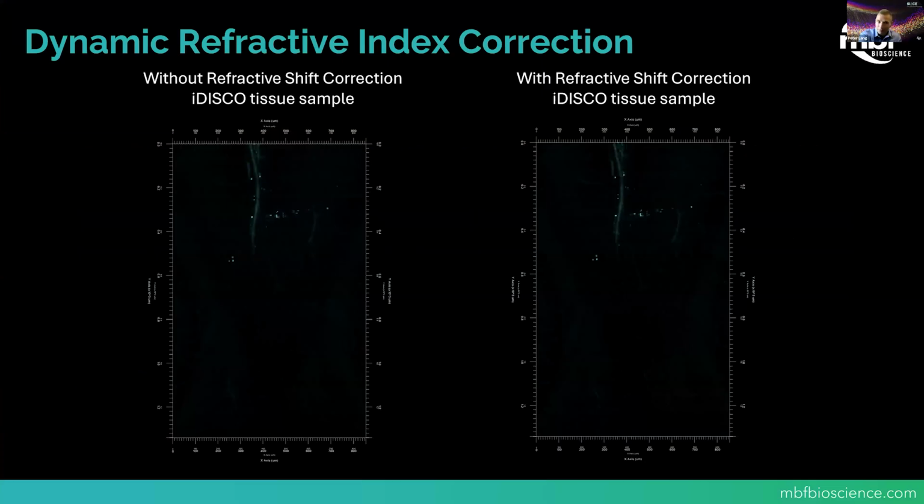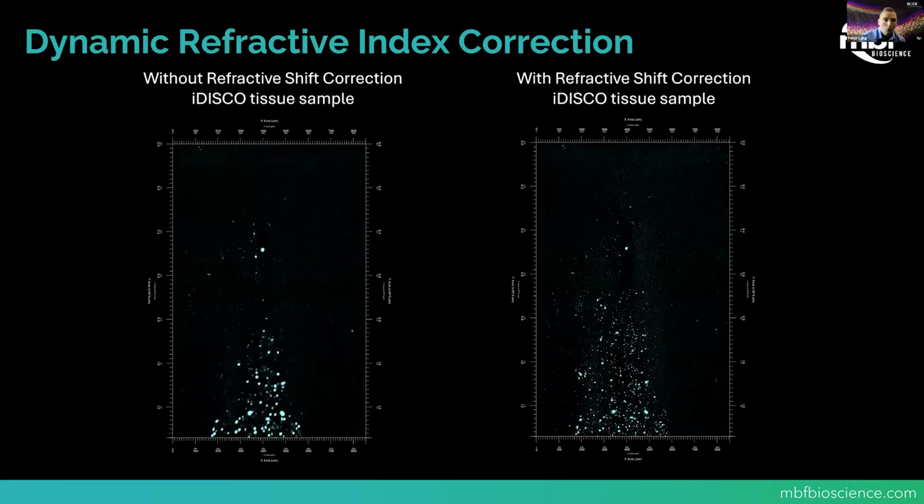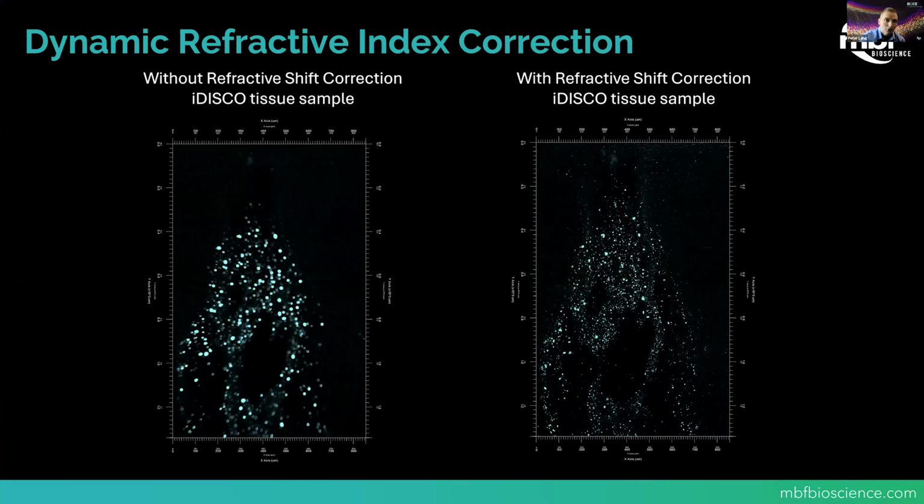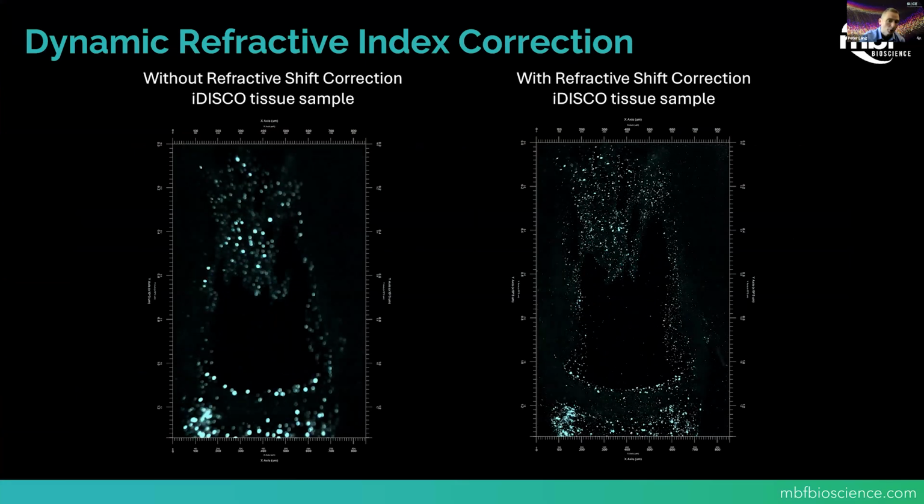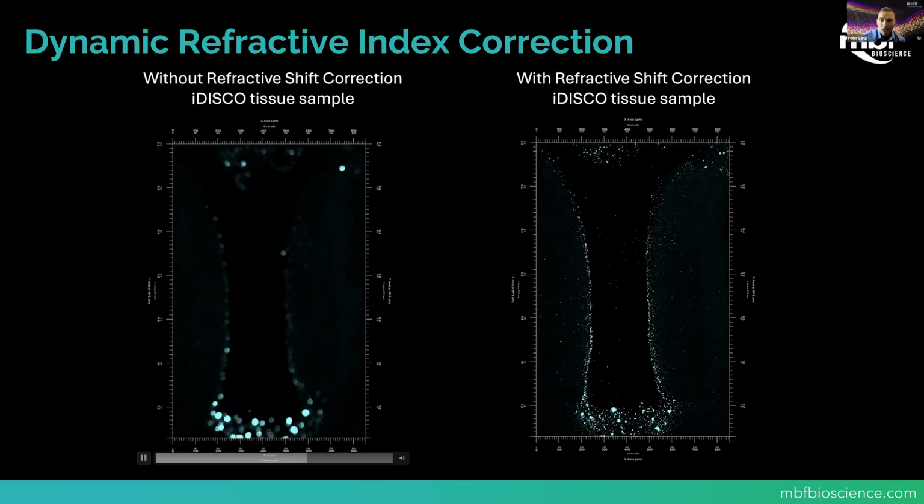Now, I've brought up this concept of dynamic refractive index correction a couple of times. I want to show you an example of how this works. On the left side, you'll see a video playing. This is without the refractive shift correction enabled in an iDisco sample going through a few millimeters of tissue.